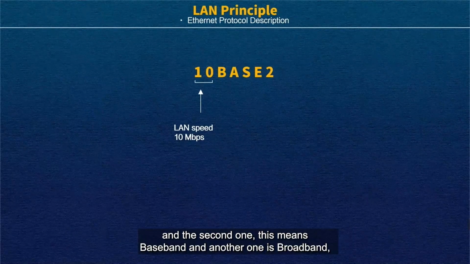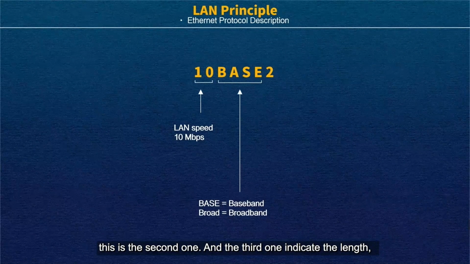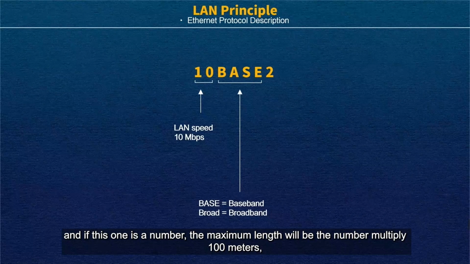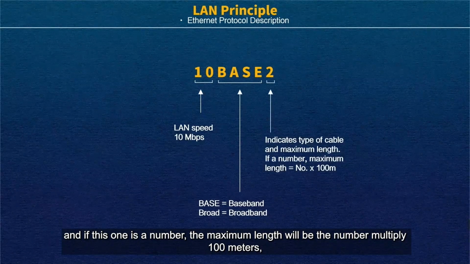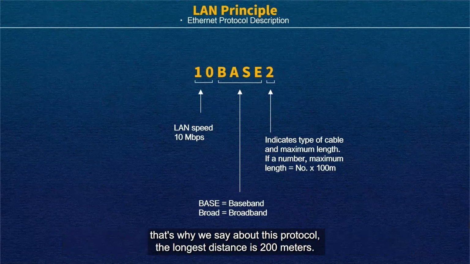And the second one, base, means baseband. And another one is broadband. This is the second one. And the third one indicates length. If this one is a number, the maximal length is the number multiplied by 100 meters. That's why we say about this protocol, the longest distance is 200 meters.